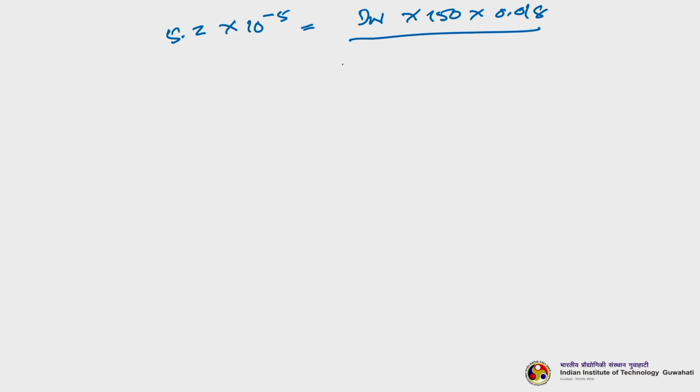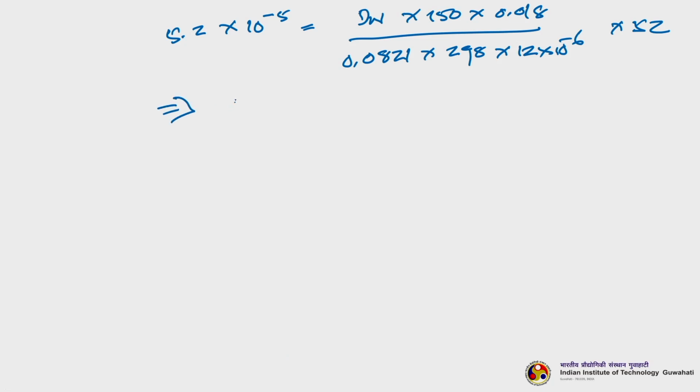So, just substitute 5.2 into 10 power of minus 5 equals Dw, that is what we do not know, we are calculating, okay, into 150 into 0.018, then divided by 0.0821 into 298 into Lm, which is 12 into 10 power of minus 6. We have converted everything into meters, okay, into 52, which is delta P minus delta pi, the true driving force.